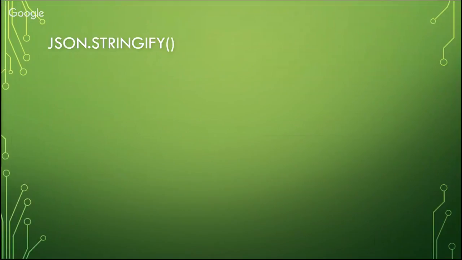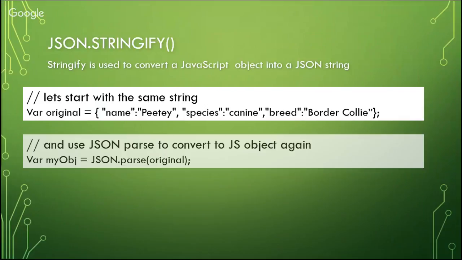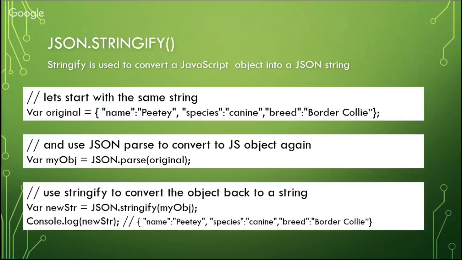Stringify does the opposite. We'll convert a JavaScript object into a JSON string, whereas before we did a string to a JavaScript object. Same string here. We parse it, convert it into a JavaScript object.